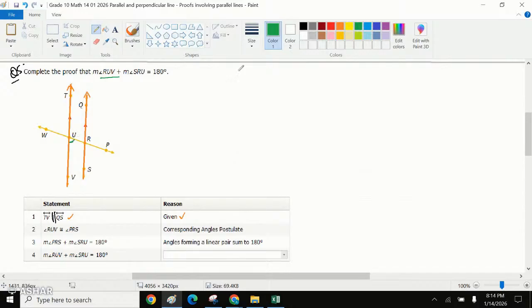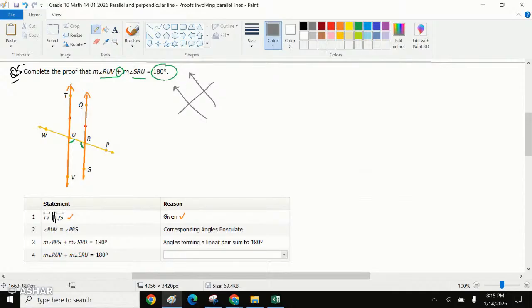And what they are saying is complete the proof that RUV, this angle plus SRU, this angle is 180, right? We need to prove this. We need to give a proof for this, right? And we know that whenever we have a set of two parallel lines, we just did in the previous question, right?